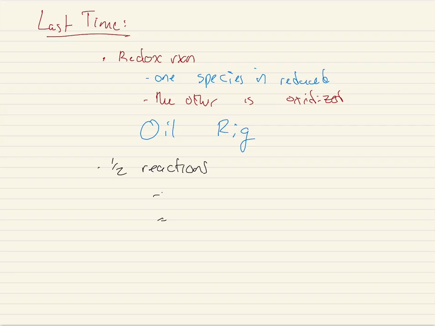What were the half reactions? What was one half reaction? Is it the one where a species loses electrons? Yeah, well, it's your oxidation reaction. The other one is your reduction reaction, right?